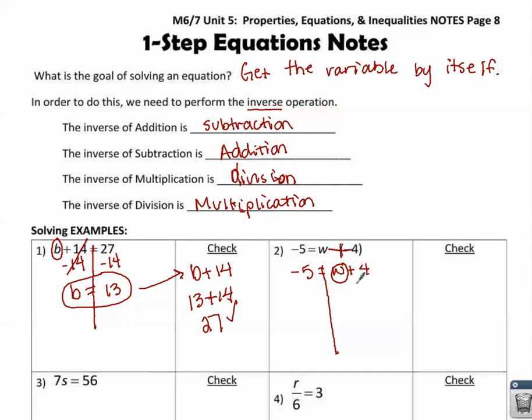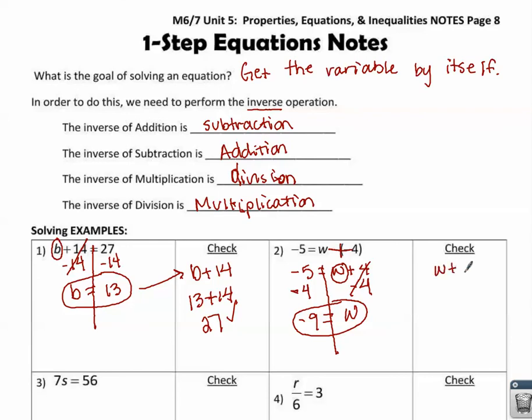You're getting the w by itself. So I have w plus 4. The inverse of plus 4 is minus 4. What you do on one side, you must do on the other. So these cancel, leaving you just with a w. Negative 5 and negative 4 are same signs, so you add and keep the sign to give you negative 9.